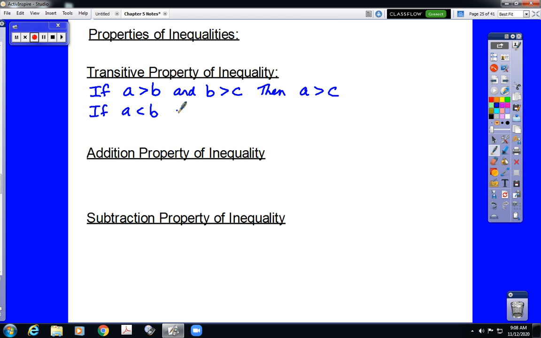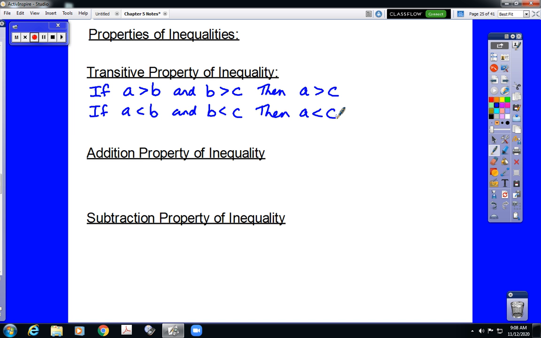So if a is less than b and b is less than c, then a is less than c. This is the same property that we had with equality. It applies to inequalities exactly the same way that it does to equality, which means that when we combine those into a greater than or equal to or a less than or equal to, the transitive property would still apply.